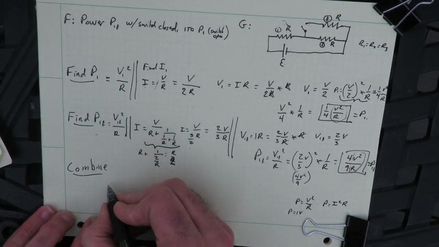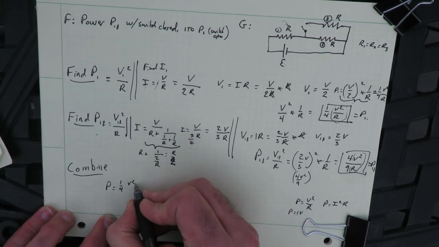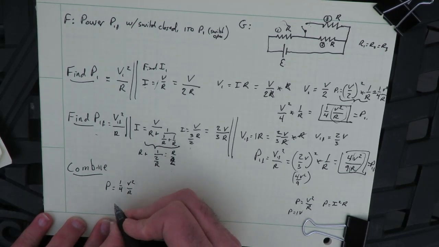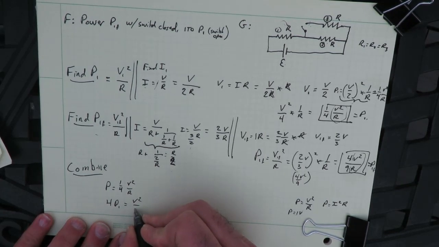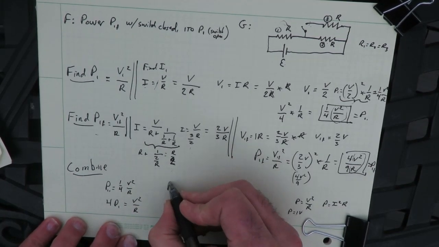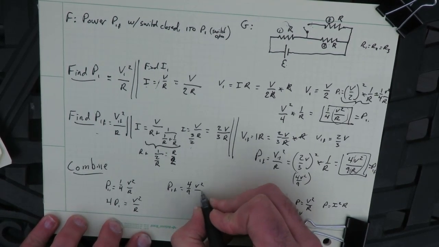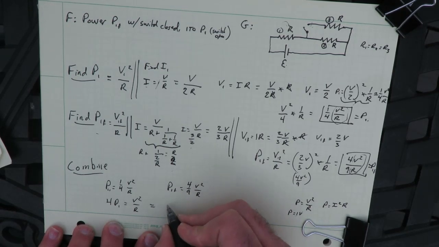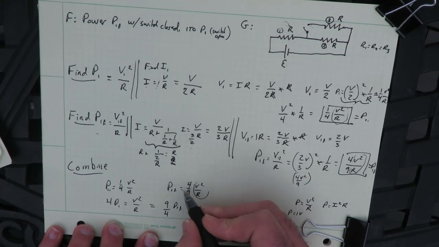So we'll start off here and say that P1, which is equal to 1/4 V squared over R, will come down to 4P1 is equal to V squared over R. Now at the same time, P1 final is equal to 4/9 V squared over R. So pulling out the V squared over R, we have 9/4 P1 final is equal to V squared over R. We put the 4/9 over on the other side.